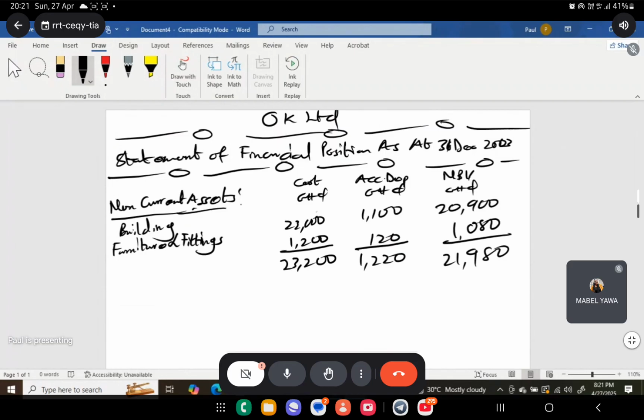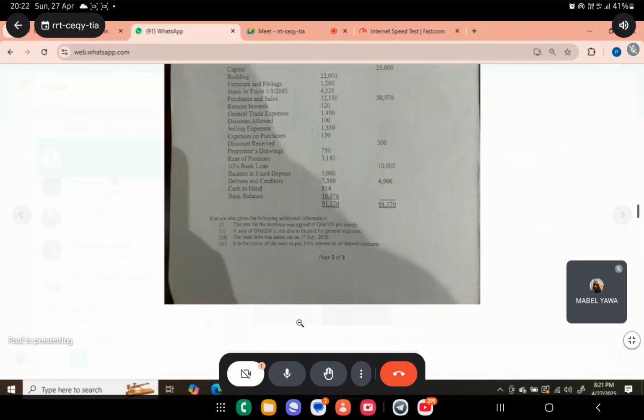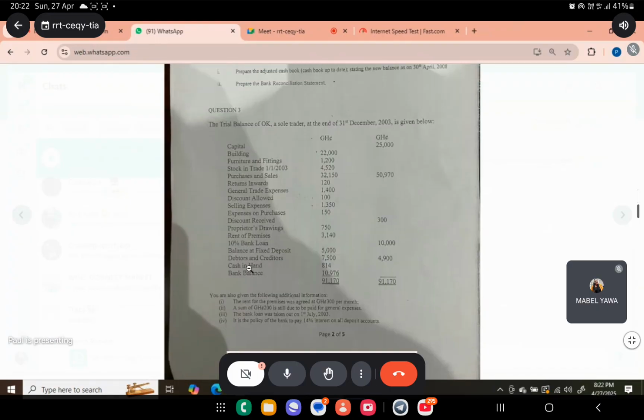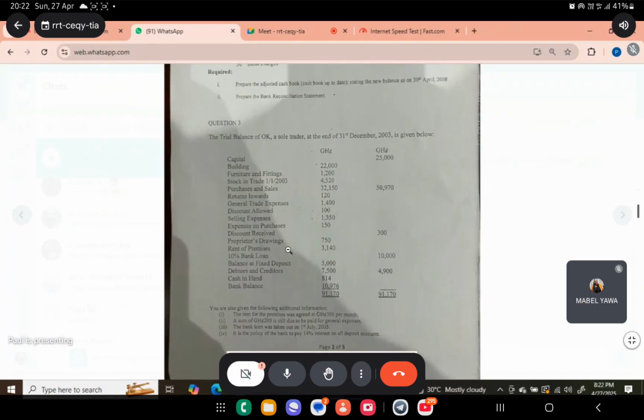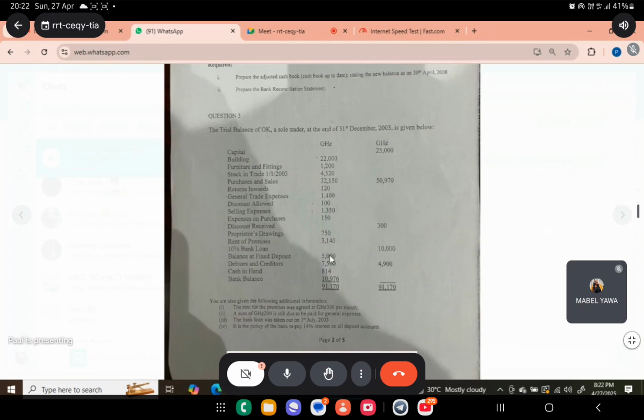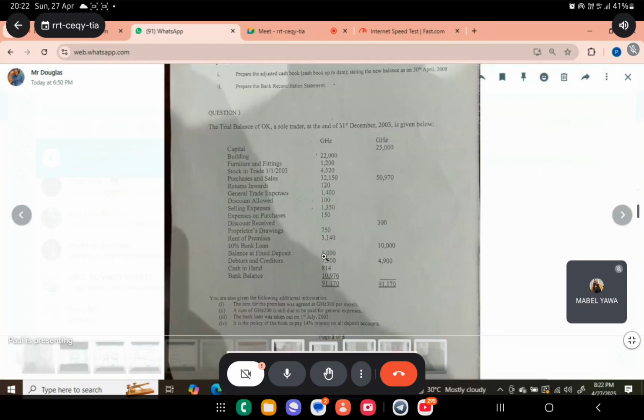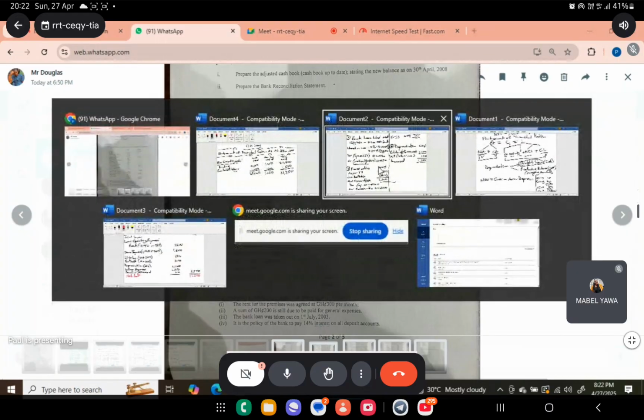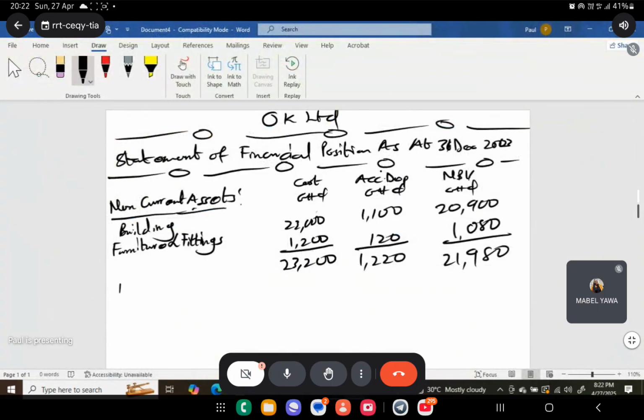But there was another non-current asset, which is the fixed deposit. That's 5,000. It's not a current asset, so we bring it as a non-current asset.